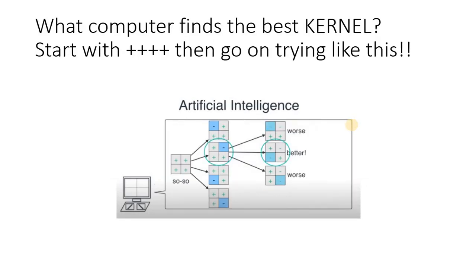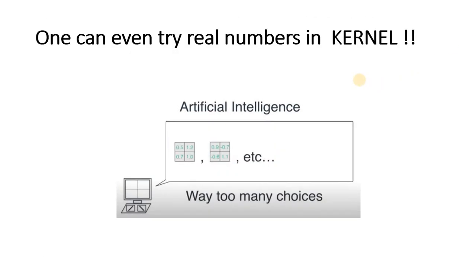Start with plus plus plus plus, and go on trying like this to see which is the best. One can even try real numbers in the kernel in practice. So you have plenty of options to create the 2 by 2 filters.